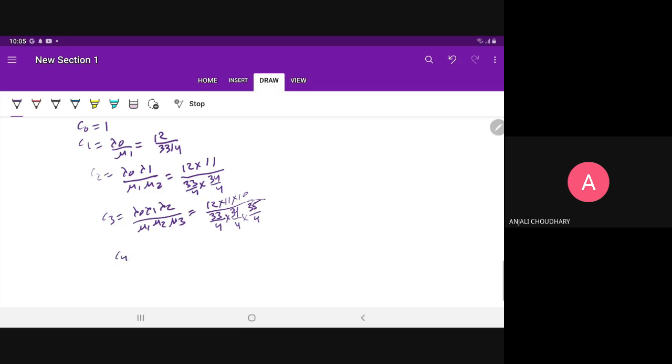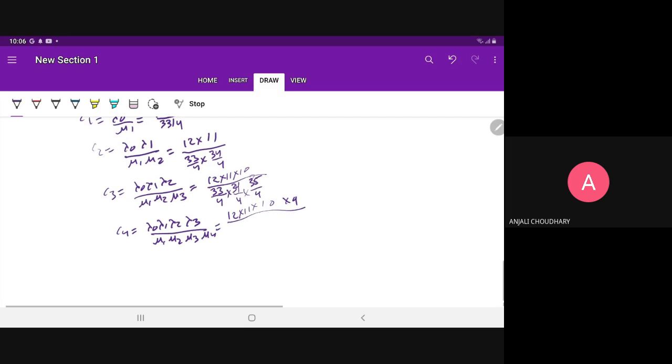Similarly, C4 will be lambda 0 lambda 1 lambda 2 lambda 3 upon mu 1 mu 2 mu 3 mu 4. So 12, 11, 10, 9 upon 33 by 4, 34 by 4, 35 by 4, and 36 by 4.